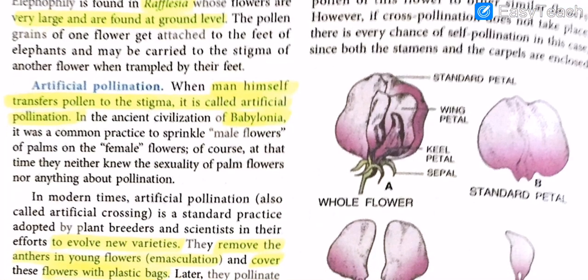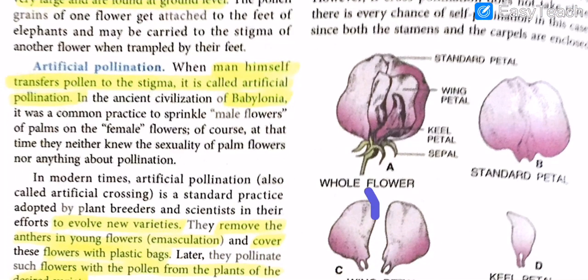So, yeah. Well, in modern times, artificial pollination, also called as artificial crossing, is a standard practice adopted by plant breeders and scientists in their efforts to evolve new varieties, of course, right? Now, in today's world, as I said before as well, let's say today there's a mango season going on, right?